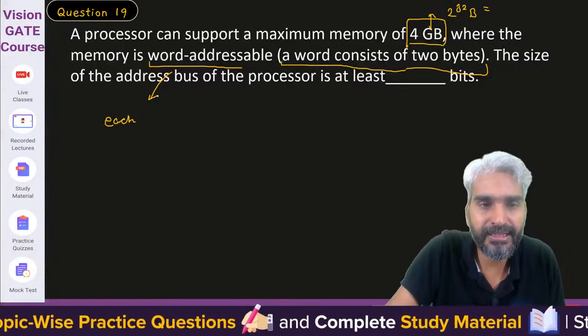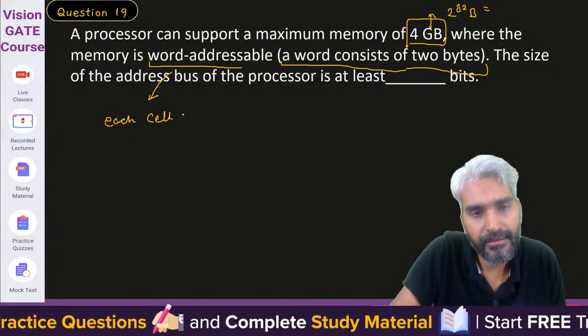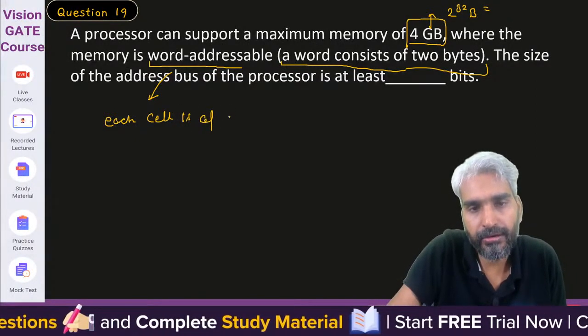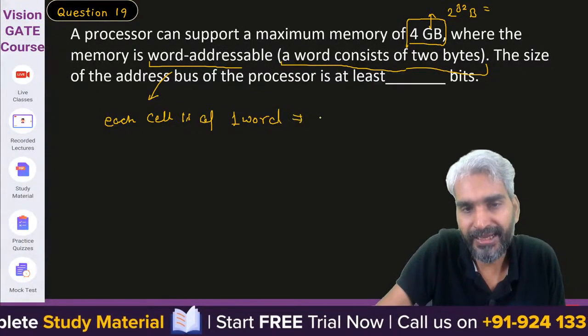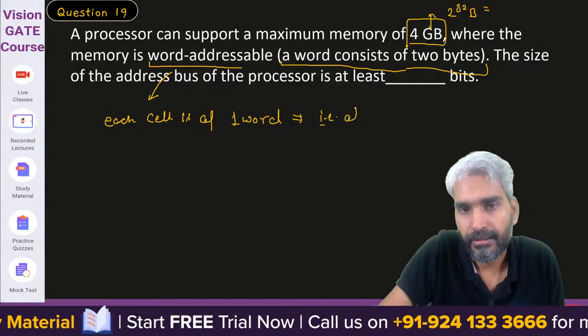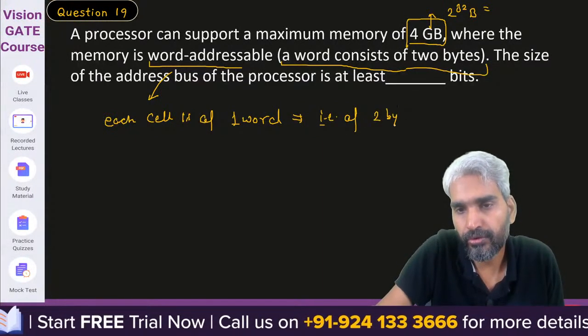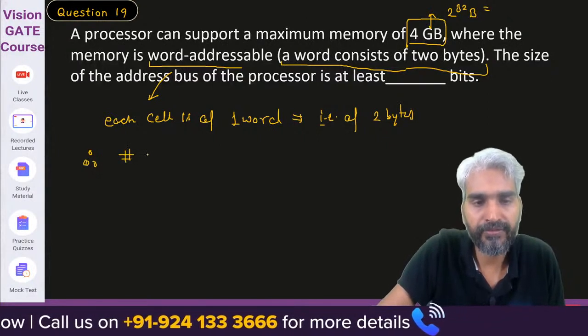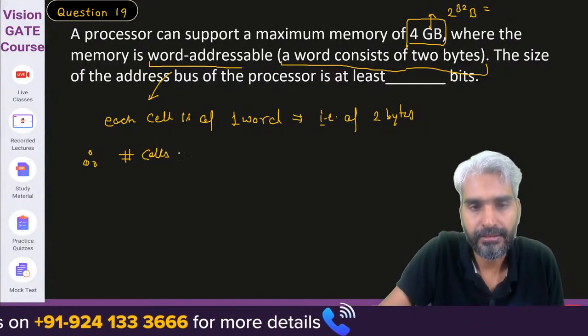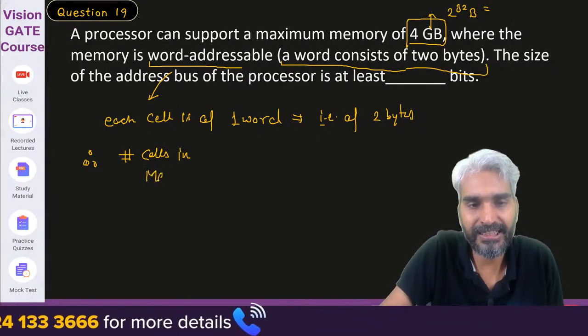Word addressable means each cell is of 1 word. It implies that it is of 2 bytes. Therefore, how many cells will be there in the memory?